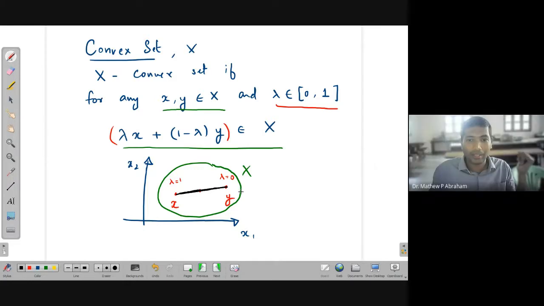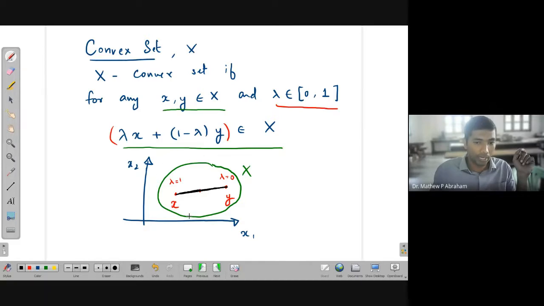Okay. Fine. So this is actually a straight line connecting x and y, and as I said, x and y can be any 2 points in this set. And if this is true for any 2 points in the set, then you can call that set a convex set.